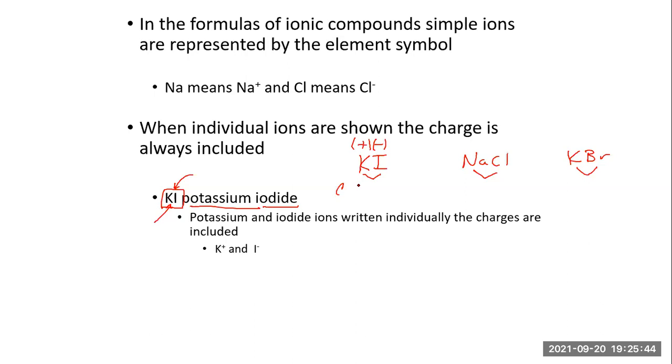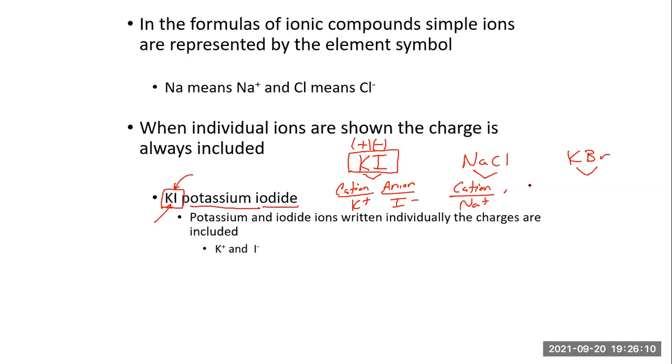The cation here would be potassium with a +1 charge. The anion would be I with a -1 charge. Again, if you take +1 and -1, that equals 0, which is why the formula looks like that. Absolutely no charges written in there. Same thing with our sodium chloride. Again, the cation here would be sodium with a +1 charge.